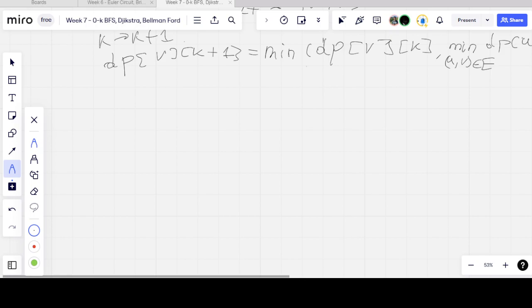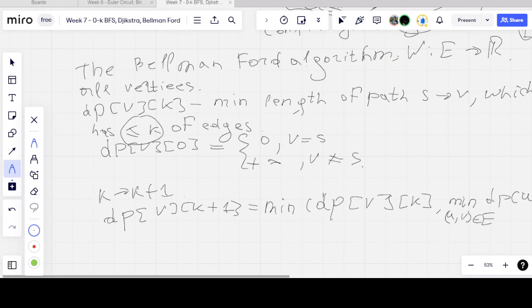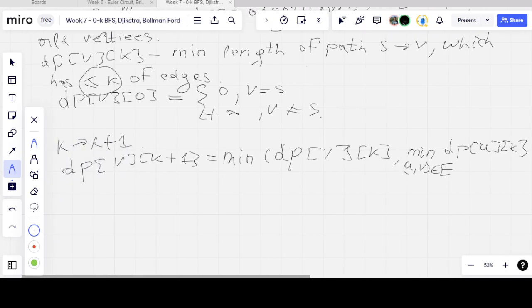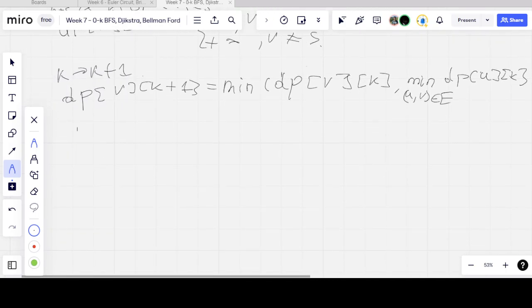So that's the whole algorithm. We have to calculate the array and we get the answer. But we consider negative cycles in this algorithm.